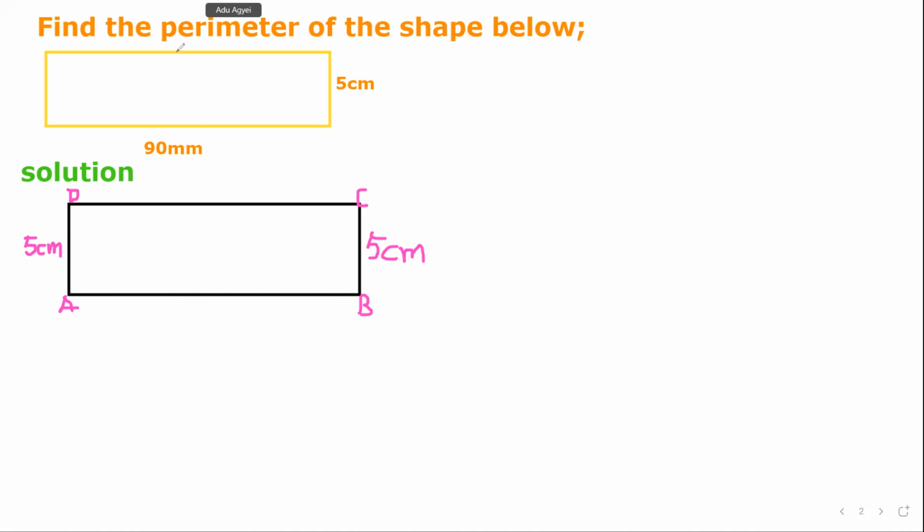Because here is 90 millimeters, you want to change the 90 millimeters to what? To centimeters. So you write: change 90 millimeters to centimeters. Okay, good.